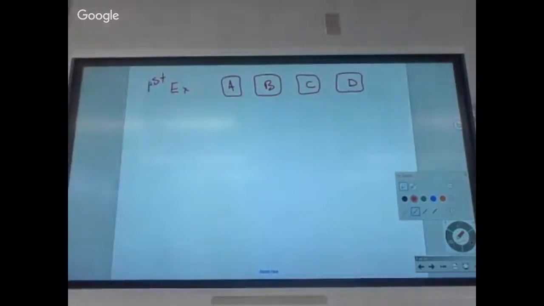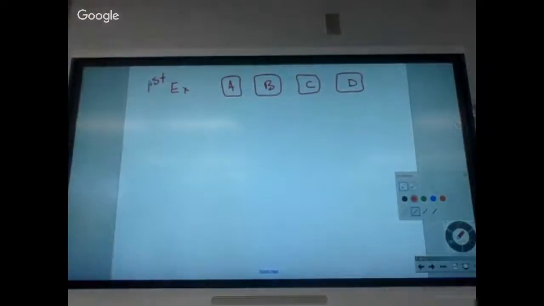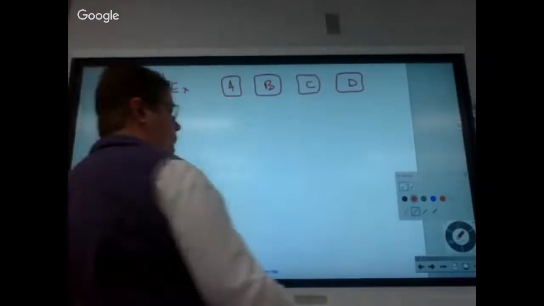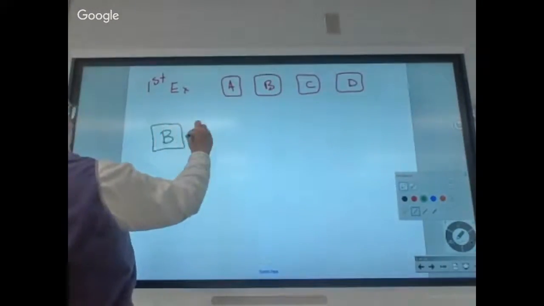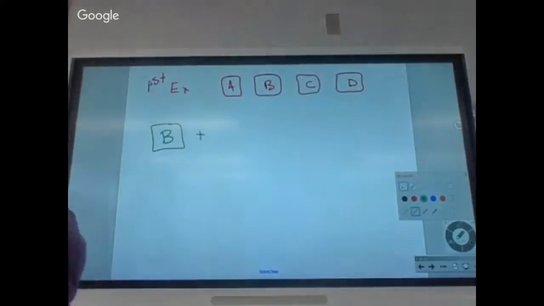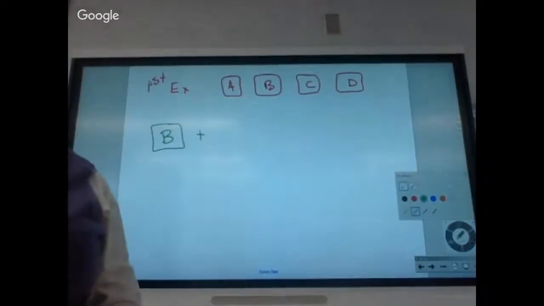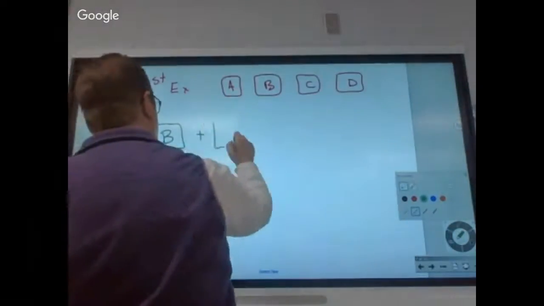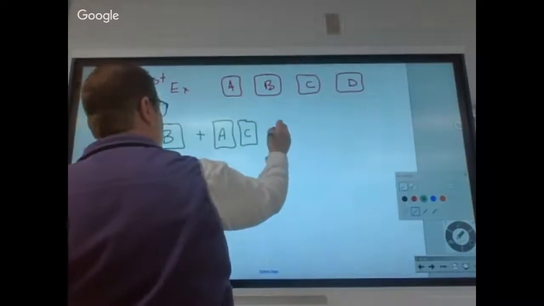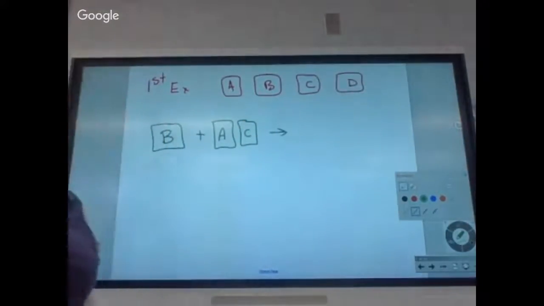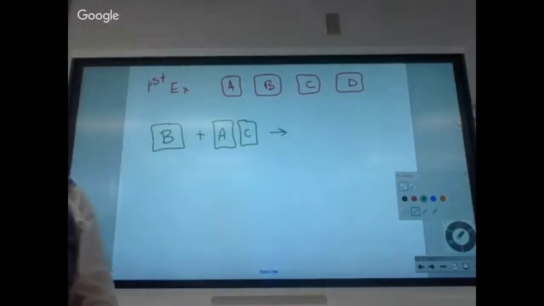All right, so for single displacement, looking at your notes, what do we got to start with? An element. So an element is how many capitals? Pick an element. All right, B. Okay, so there's our element. Plus, make me a compound. A and C. Okay. Now, according to your notes, what do we do with those? They switch.